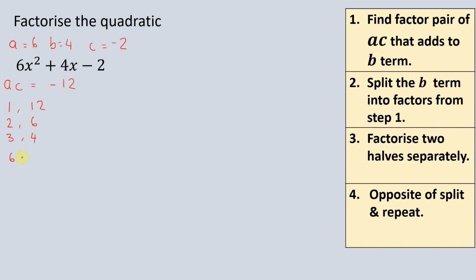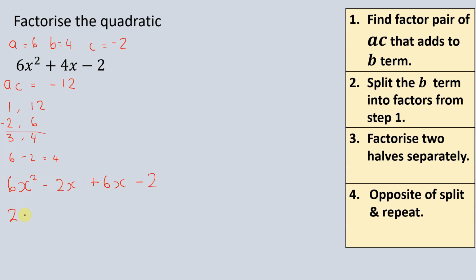We can see that 6 take away 2 will give us 4. So we're going to rewrite 4x as 6x minus 2x. So we have 6x squared minus 2x plus 6x minus 2.